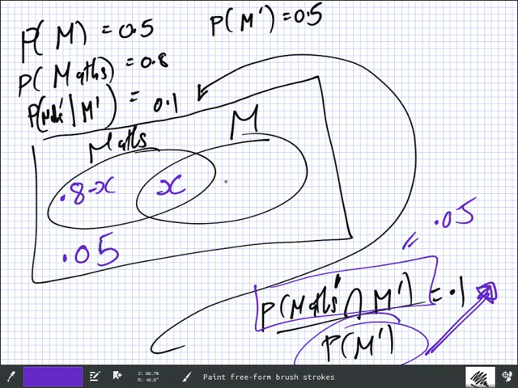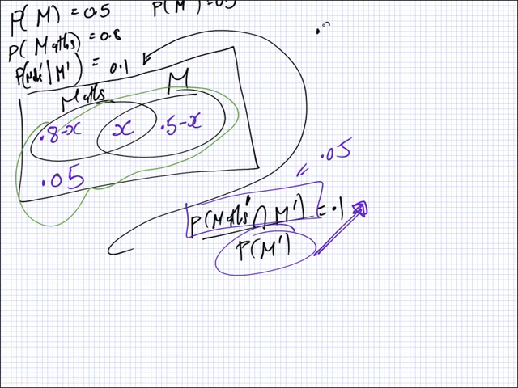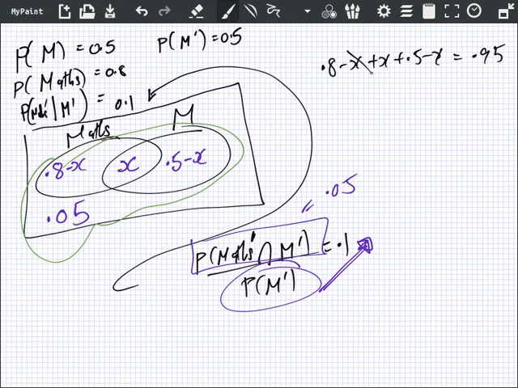And here is 0.5 minus x. And what should all of these add up to? 1. So 0.8 minus x plus 0.5 minus x should equal 0.95. Cancel, cancel. 0.8 plus 0.5 minus 0.95 is equal to x. What's that?